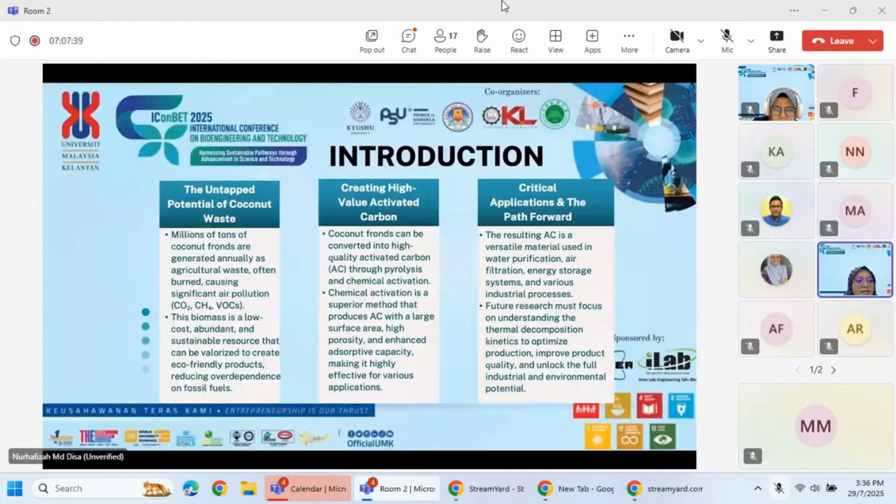Different processes exist to valorize biomass feedstock to produce economically and cost-effective value-added products such as syngas, liquid bio-oil, and solid biochar for society. And then for the third one, critical applications, most of the production of the AC has been used in filtration, energy storage systems, and various industrial processes.